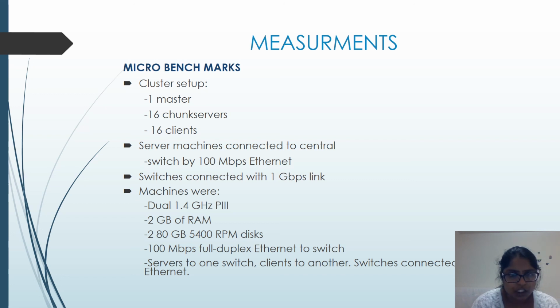Each machine is configured with dual 1.4 GHz processors, 2 GB of RAM, and 280 GB 5400 RPM disks, with 100 Mbps full duplex Ethernet to the switch. Servers are connected to one switch and clients to another switch, and the switches are connected to each other.